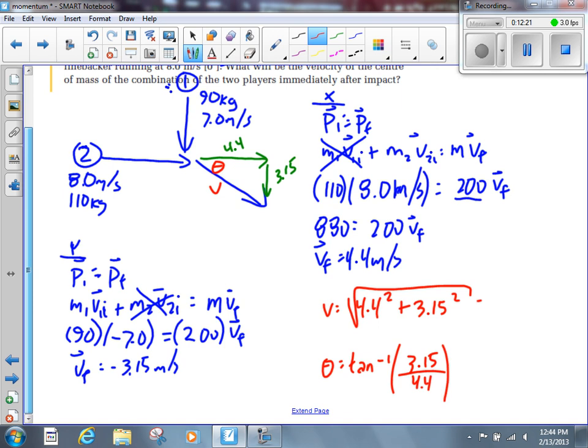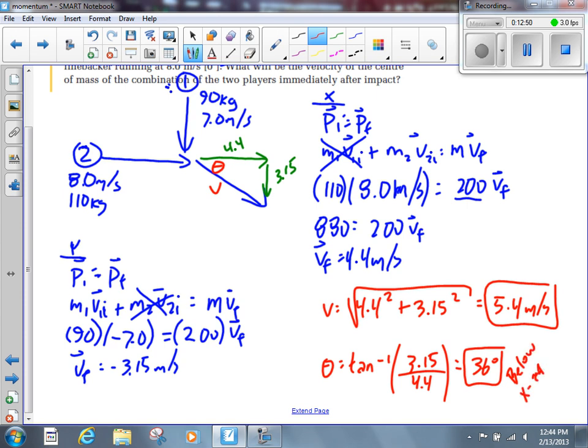What do we end up getting for the speed there? 5.4 meters per second, and the angle would be 35.5, so 36 degrees. Yeah, it'd be 36 degrees below the x-axis, yes. Does that make sense?